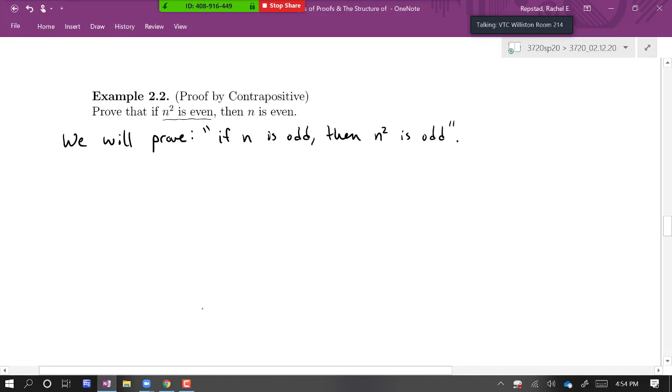However, if I start with an assumption about n, I can get to n squared very easily, and I know I'm still an integer. So let's suppose n is odd. The only thing we have to do is figure out what that means. I know if it's even, I can write it as 2k. But if it's odd, I'm just going to use the fact that the integers alternate between even and odd.